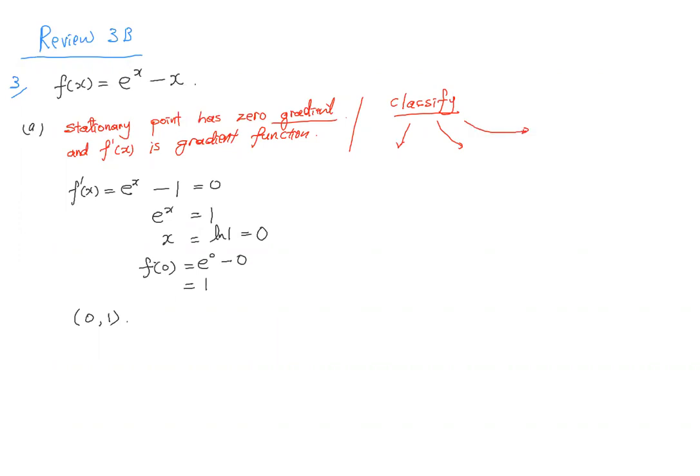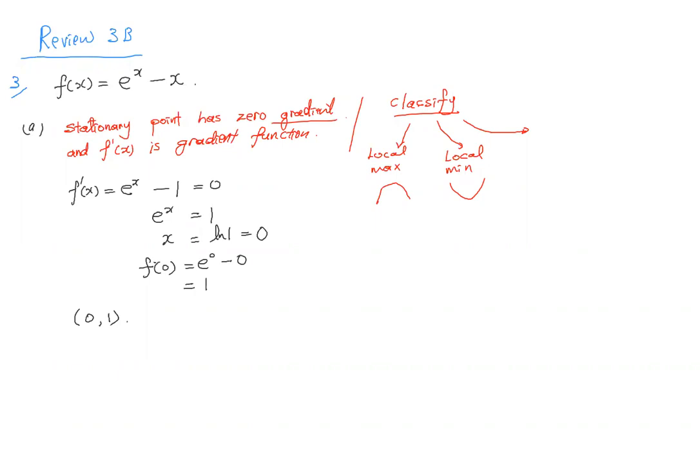So when we say classify, it means there are 3 types of stationary point. Just as you have mentioned, local max, that is like that. Local min, that is like this. One more, Gladys. Yes, it's a type of inflection point, and it's also a stationary point.